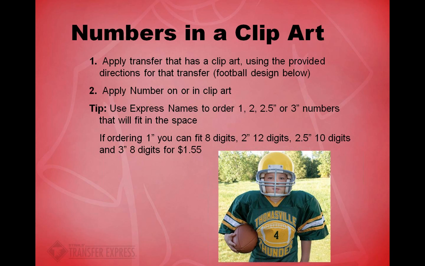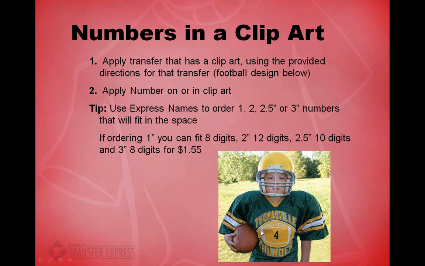Your first step when you're doing this process, you're going to apply the full front design first. In this case, the example we're looking at is the 2-color Thomasville Thunder, the gold and white transfer there. You're going to apply that transfer first.